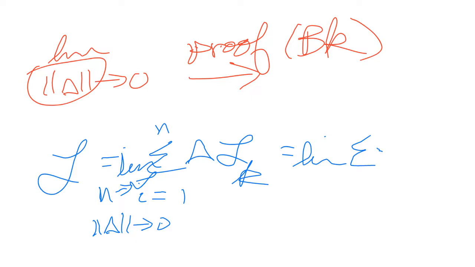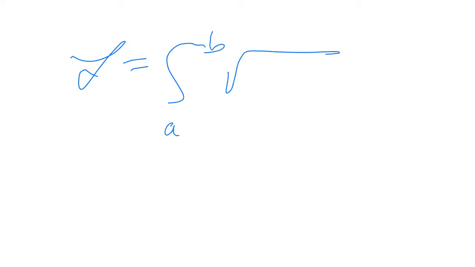I'm not developing this. Basically, what it ends up being is the definite integral from a to b. We get a nice result because of the slope of the tangent line. It's the square root of 1 plus f prime at x quantity squared, dx.